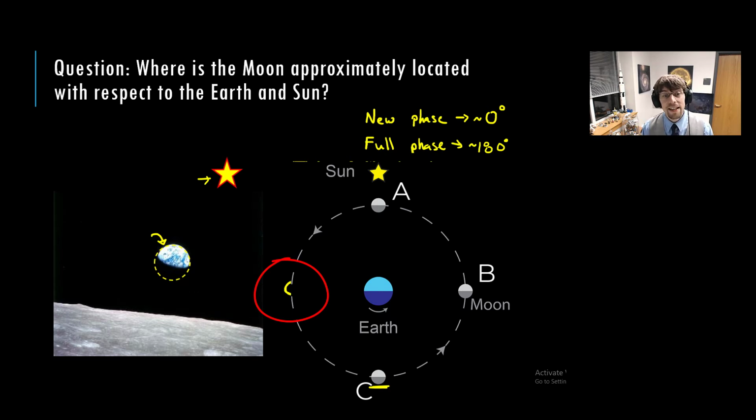And instead of the left-hand side of the moon being illuminated, it's going to be the right-hand side. So that's a first quarter. That's how you can tell a first quarter or a third quarter. In the first quarter, it's the right-hand side that's illuminated, whereas in a third quarter, it's the left-hand side.